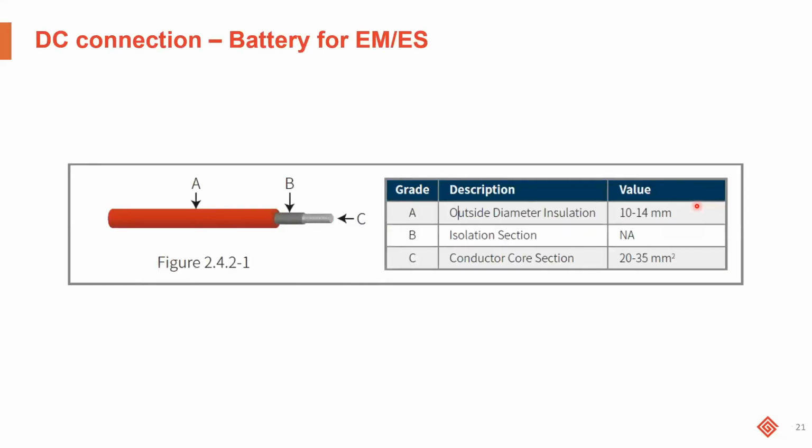So in terms of the battery connections for the EM and ES, this is a low voltage hybrid inverter. Typically with low voltages, we're talking about 48 volts, and the battery cables for low volt inverters and low volt battery banks are quite large. So we're looking at using conductor core sections between 20 and 35 millimeters squared.